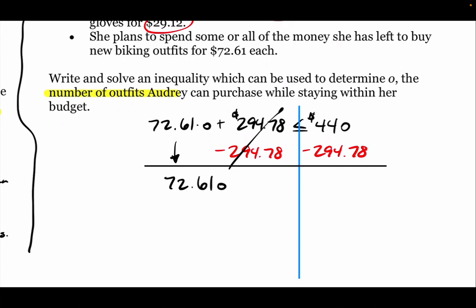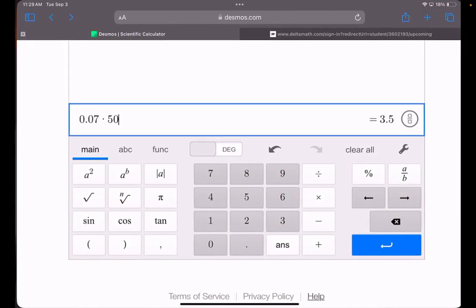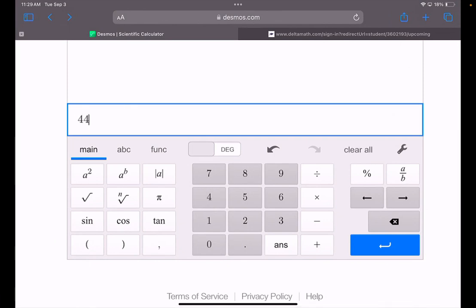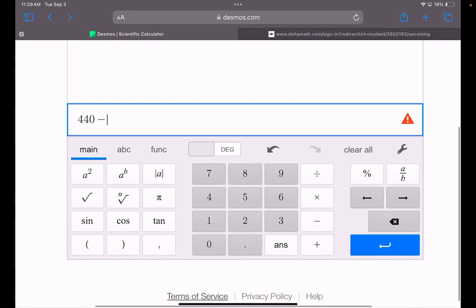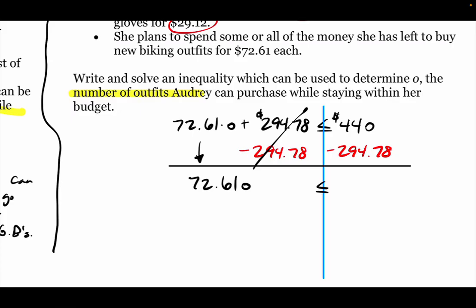$72.61 times O is less than 100 and something. Let's see, 440 minus 294.78. 145.22.